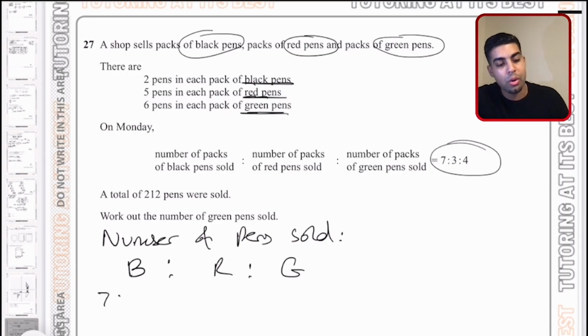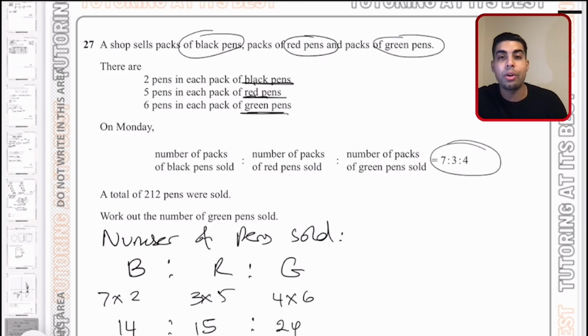So in total, we have to multiply this by 2, and we know that 14 black pens have been sold. And we're going to do the same thing for your red and green pens. So we know they come in packs of 5, and we know that 3 packs were sold. So 3 times 5 is 15. And then again, we'll go for your green, which is 4 times 6, and that is 24.